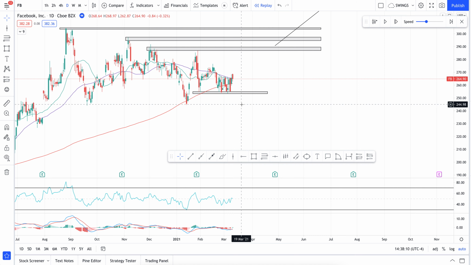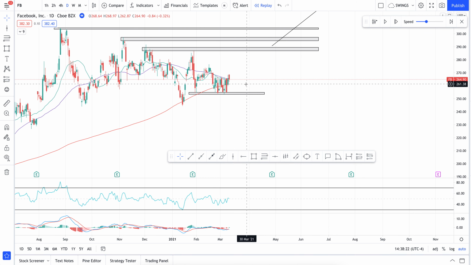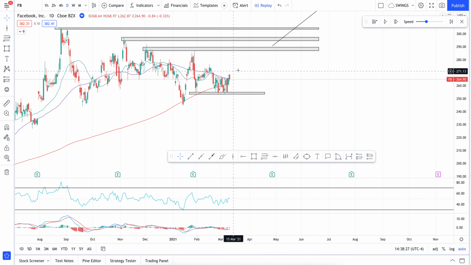So basically what I'm saying is, if I can find my way into this stock at the right time, I will have the opportunity to get a few take profit levels before I start thinking about getting out of the trade. Now how can I make sure that I get in at the right time?